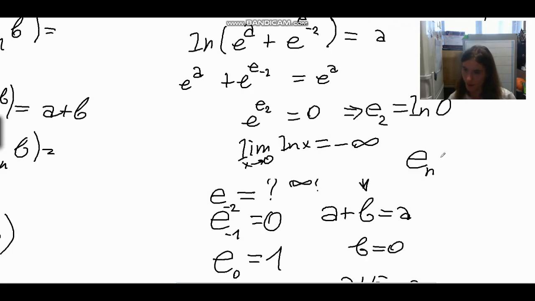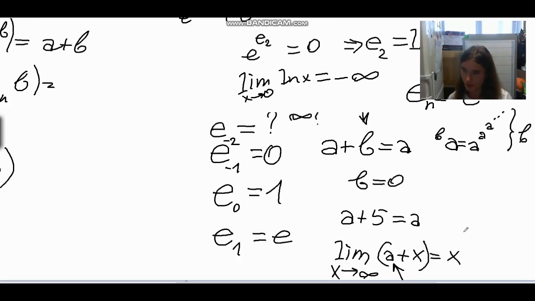And you can easily prove that nth neutral element is e titration n. Titration: I mean a titration b is a to the power of a to the power of a, b times. For big operations like this one or that one, it's e to the e to the e to the e many times.